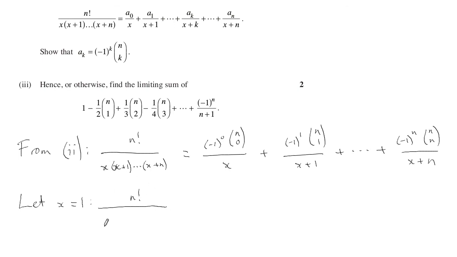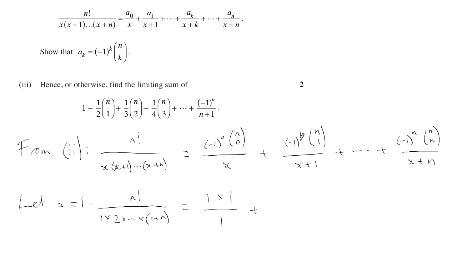So we're going to have 1 times, that'll be 2, and so on up to 1 plus n. Negative 1 to the 0 is 1, and n choose 0 is also 1, and then that x will be 1 as well.